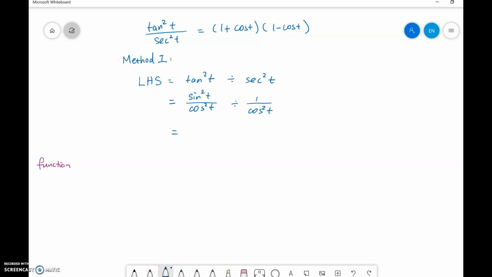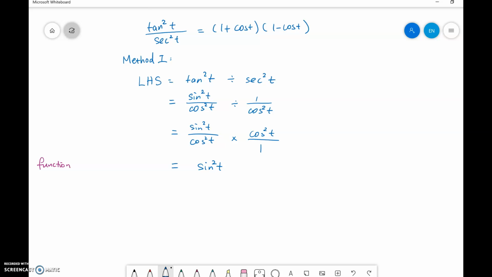Dividing a fraction is the same as multiplying by the reciprocal. Now I see cosine squared t with 1 on the numerator and 1 on the denominator, so I can simplify it into sine squared t. This is probably the simplest form I can get.